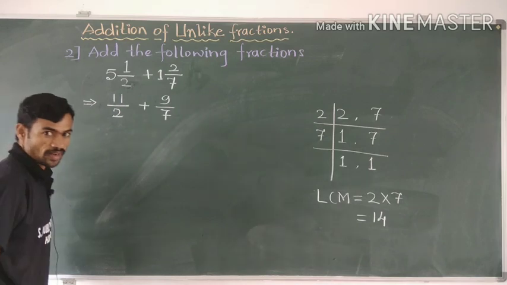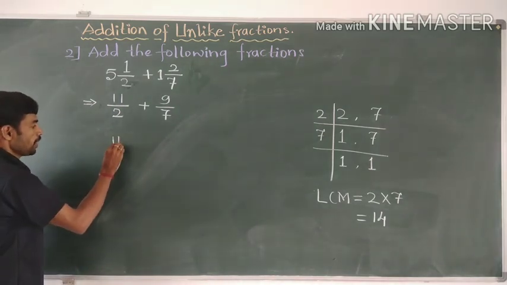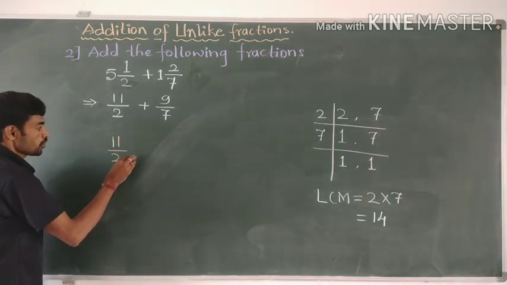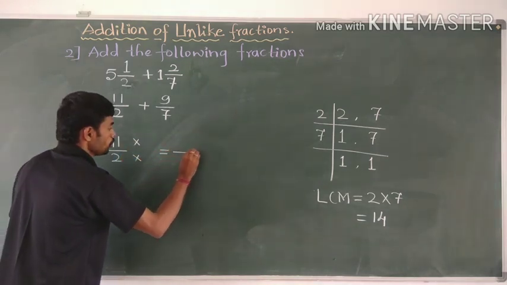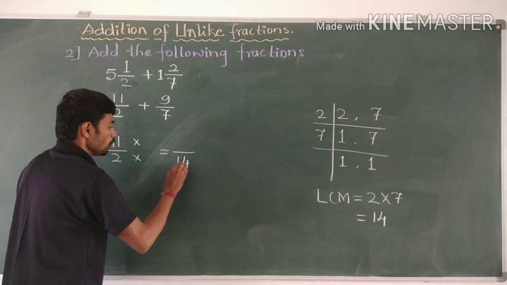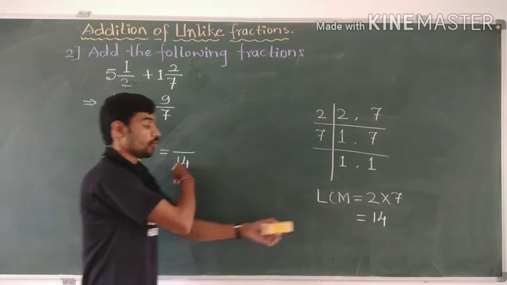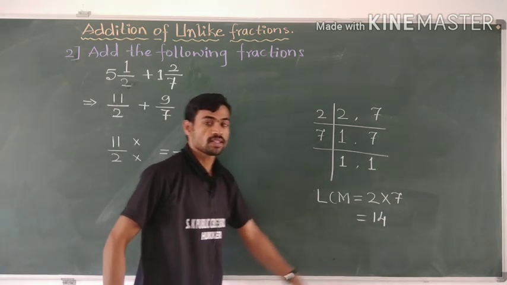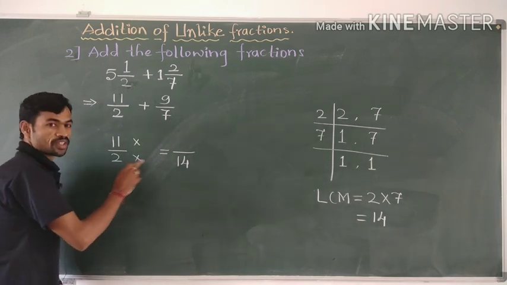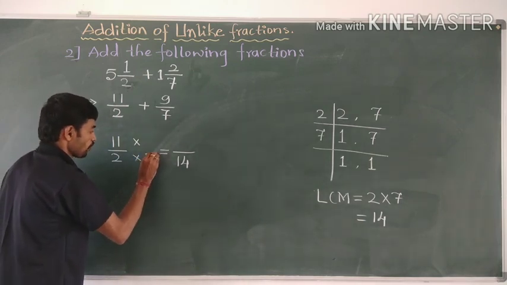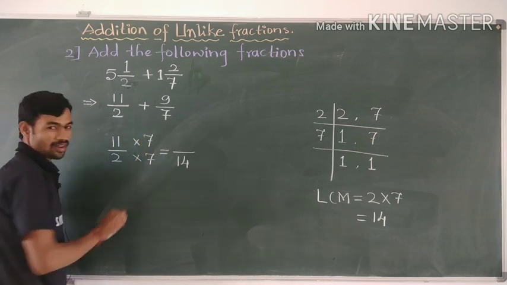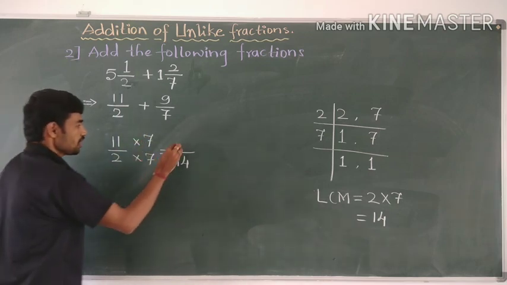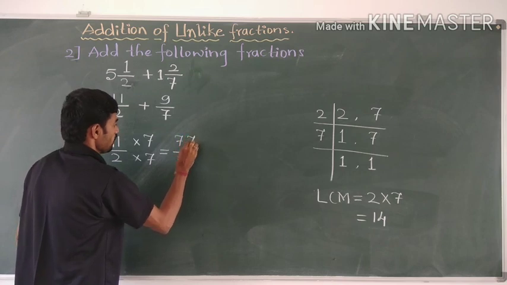Now, which is the first fraction here? 11 by 2. For 11 by 2, what do you need to multiply to get the denominator 14, that is the LCM? 2 sevens are 14. 11 sevens are 77.